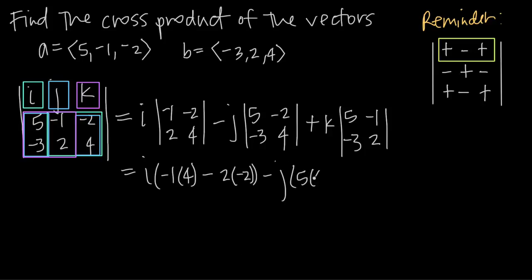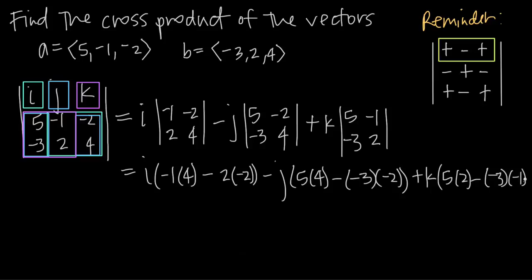So 5 times 4 minus lower left times upper right. So minus -3 times a -2. And then we're going to add to that K multiplied by upper left times lower right, 5 times 2 minus lower left times upper right. And it's always that same multiplication pattern. So -3 times a -1.